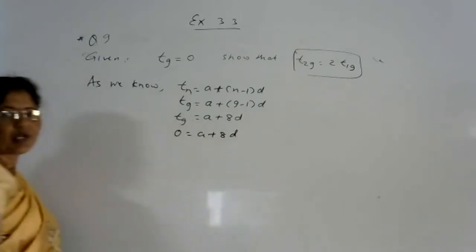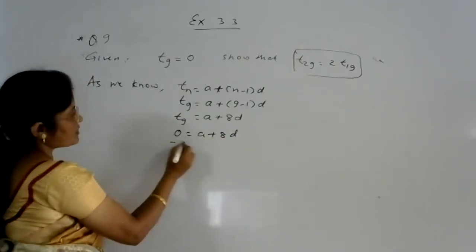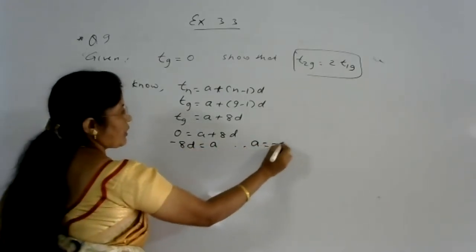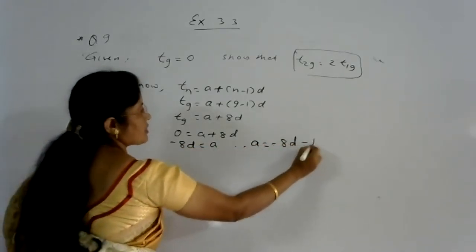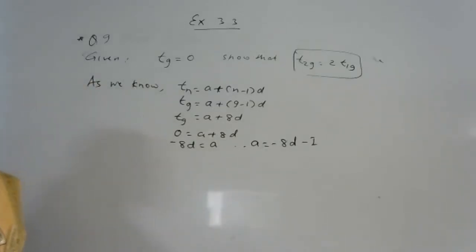From this get the value of A. Transfer this 8D this side: minus 8D is equal to A. Therefore, A is equal to minus 8D. This is equation 1. We got the value of A, minus 8D, in terms of D.